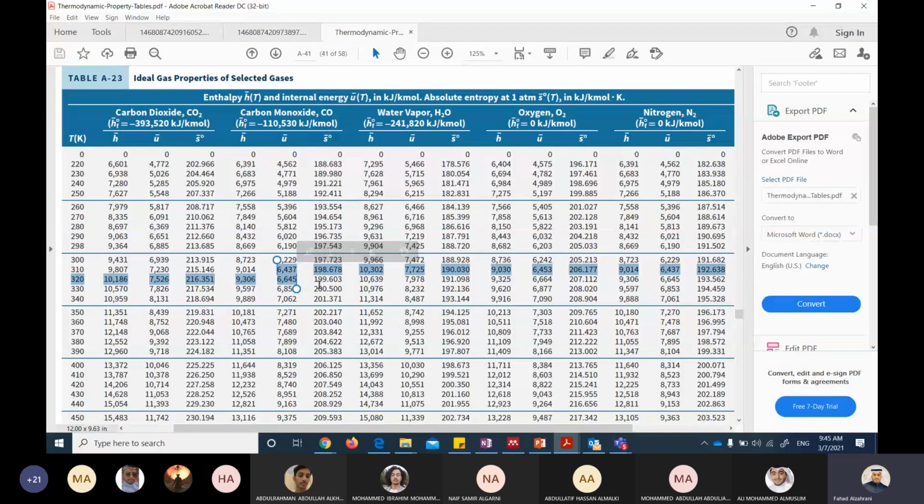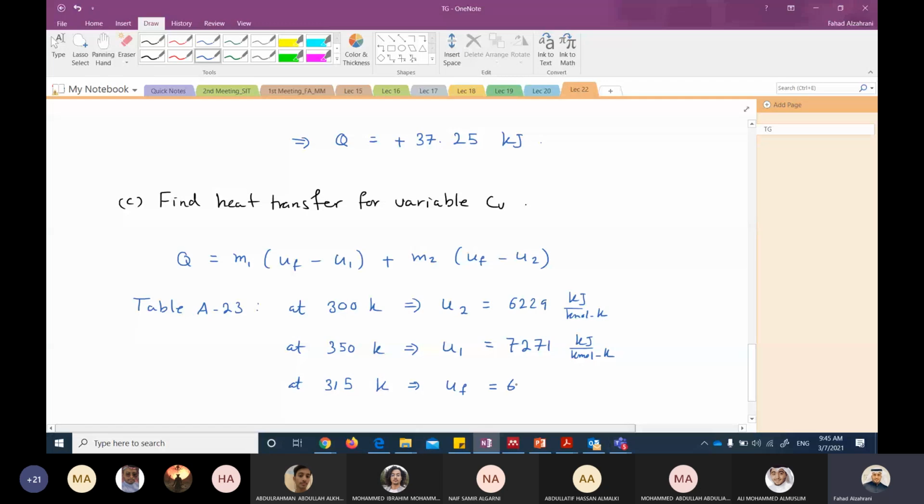This is the average between these two. Let me calculate it: 6437 plus 6645 divided by 2 is 6541 kilojoule per kilomole.